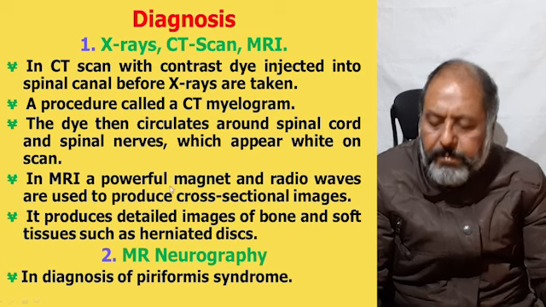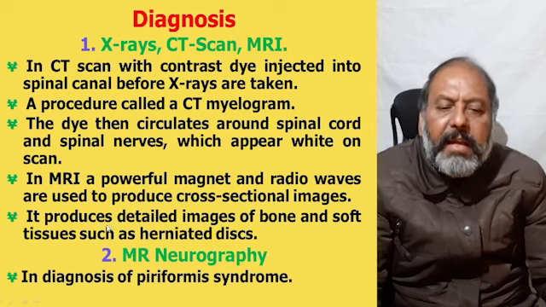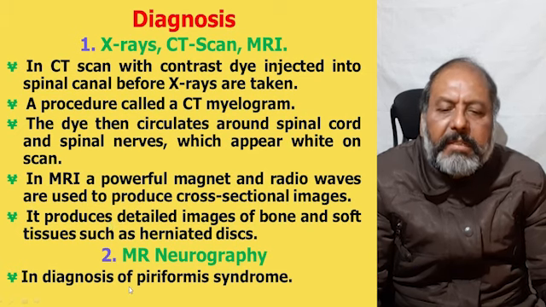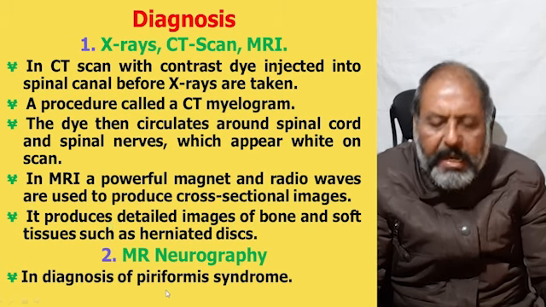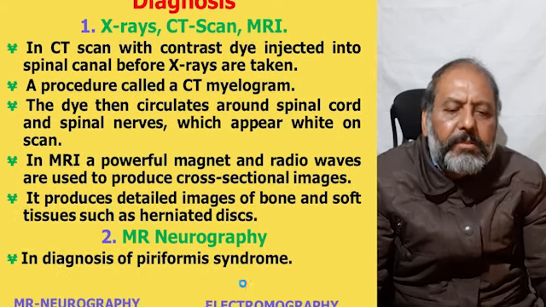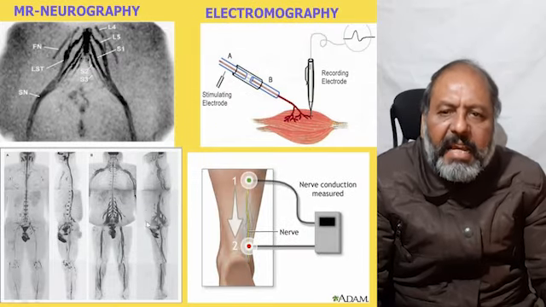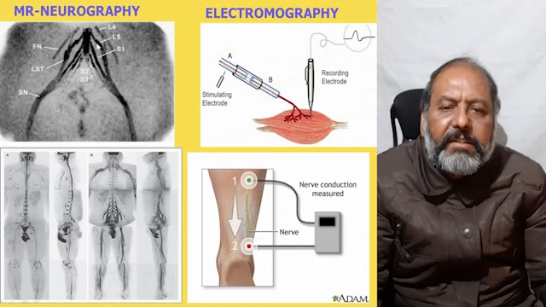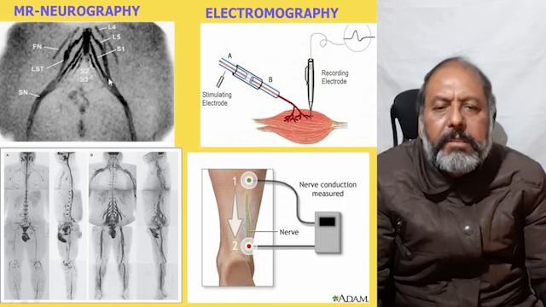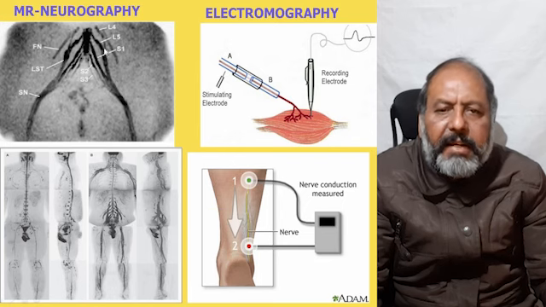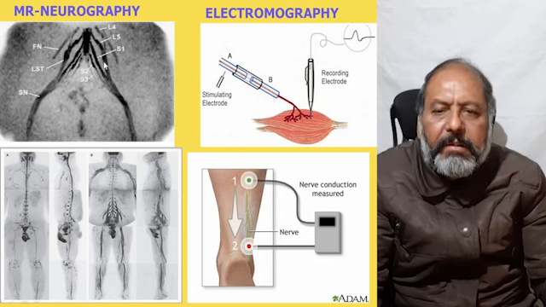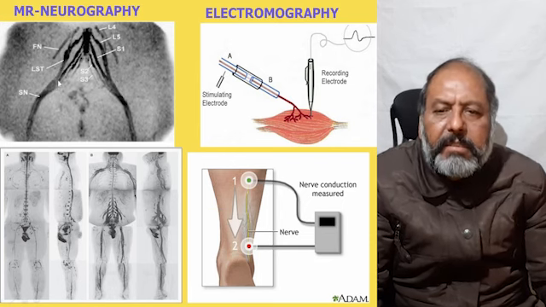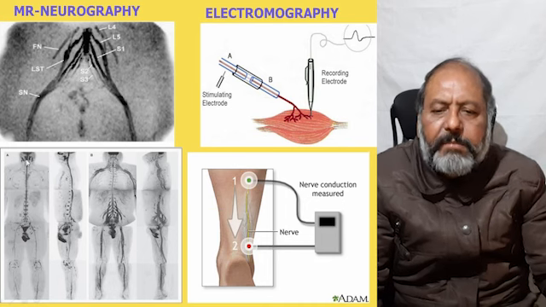Number two in imaging is MR neurography, which is used in the diagnosis of piriformis syndrome. As one can see, the MR neurography shows the different branches of the sciatic nerve, there is L4, L5, and here also the sub-branches can be seen.